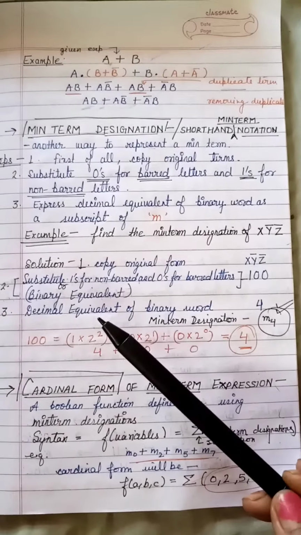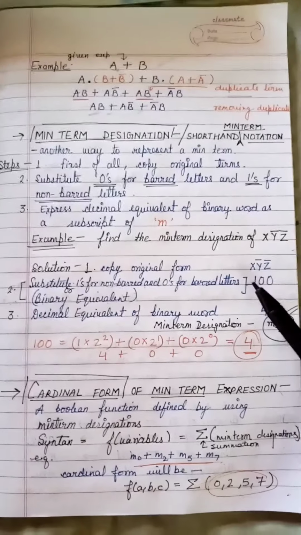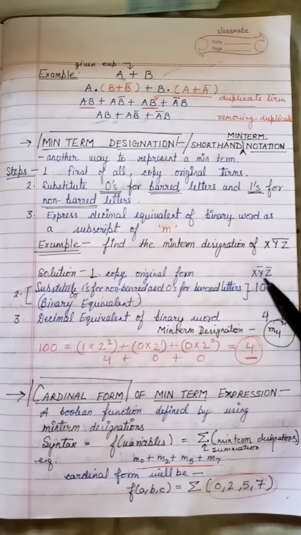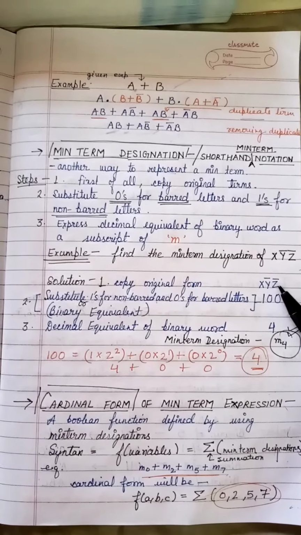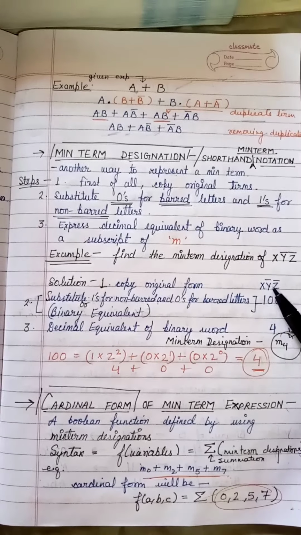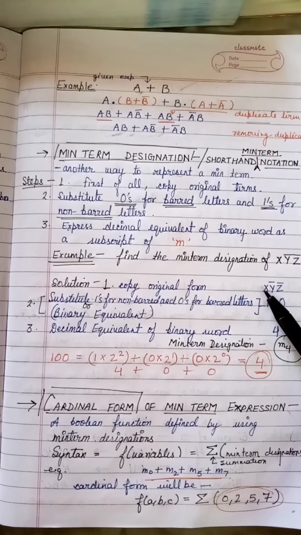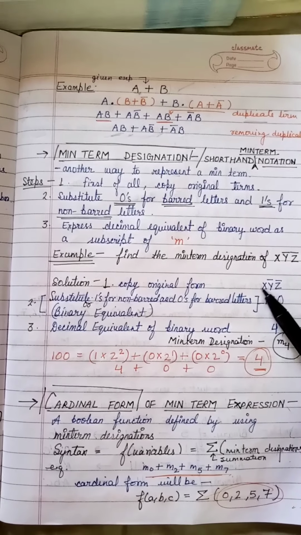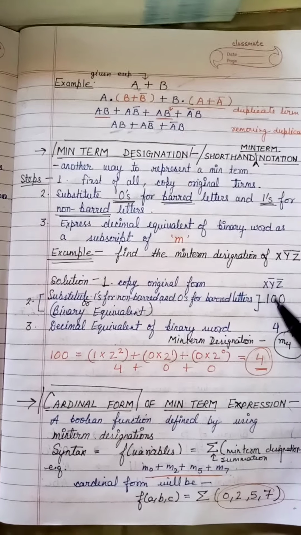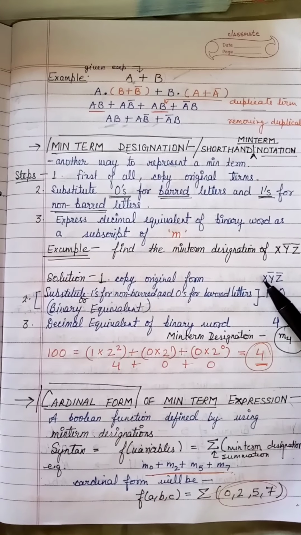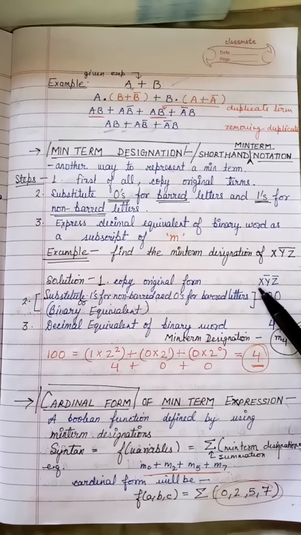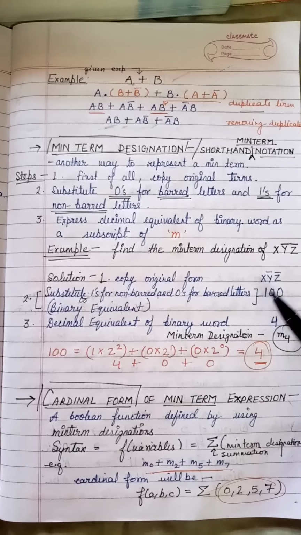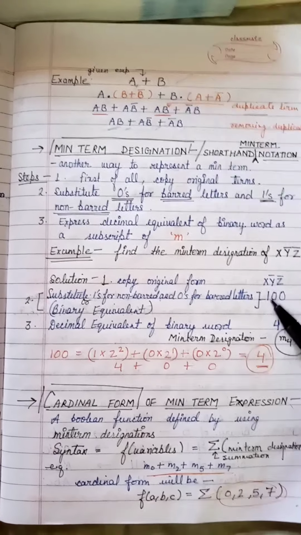Now the second step, you will substitute 0 for barred letters, complemented letters, and 1 for uncomplemented, non-barred letters. So we have substituted x with 1 because it's non-barred, and barred letters by 0.